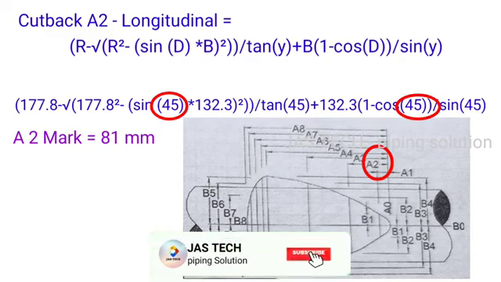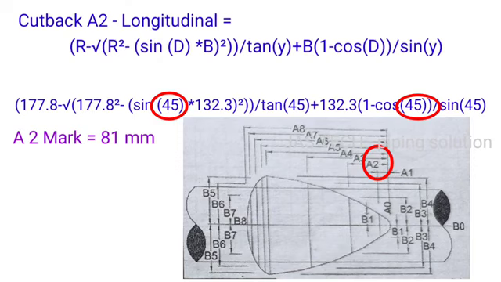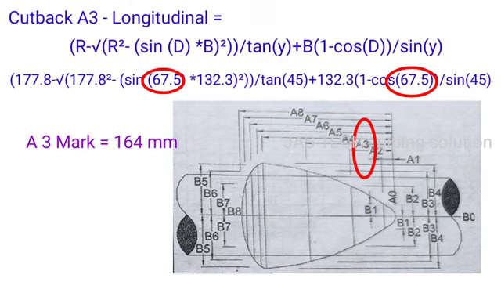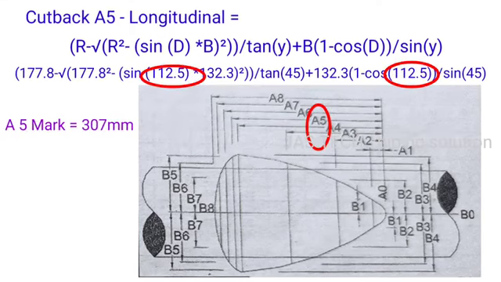A2 mark, same formula, only change D value, 45. So the answer is 81 mm. A3 cutback mark, D value 67.5. So the answer is 164 mm. Next one, cutback A4 mark, D value 90. So the answer is 246 mm. Cutback A5 mark, D value 112.5.